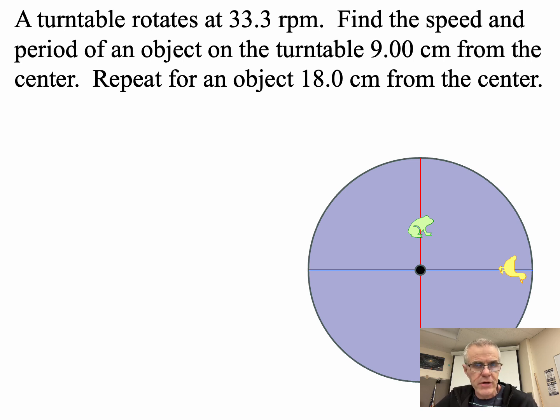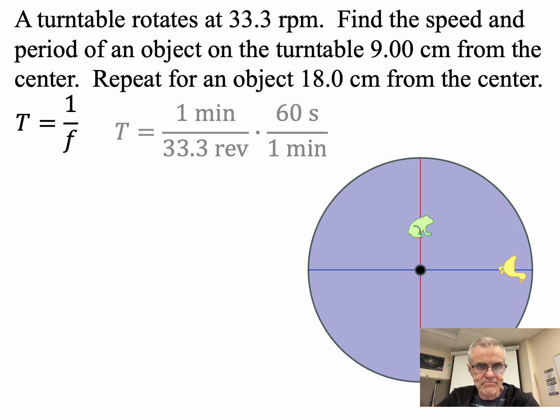So let's start with period. 33 1/3 RPM is a quantity we already saw. That's a value of frequency. So I would do 1 over frequency to get the period. 1 minute divided by 33 1/3 revolutions is the reciprocal of 33 1/3 RPM. And if I do a little unit conversion, multiply by 60, I would get the period, 1.80 seconds.